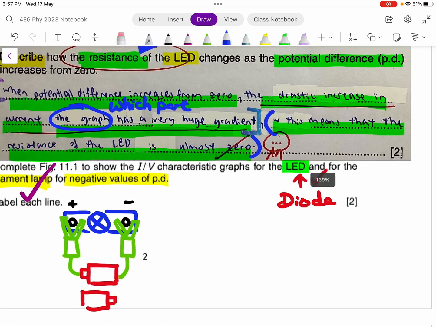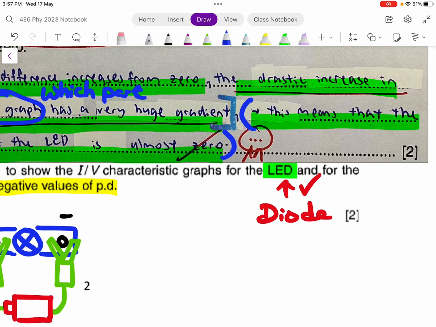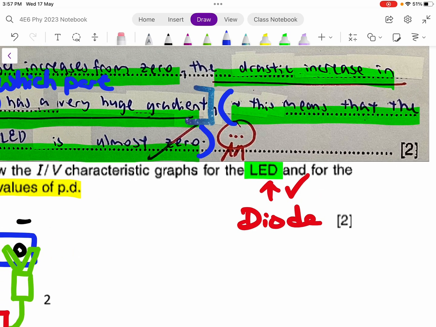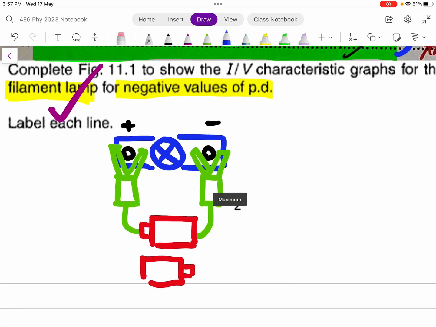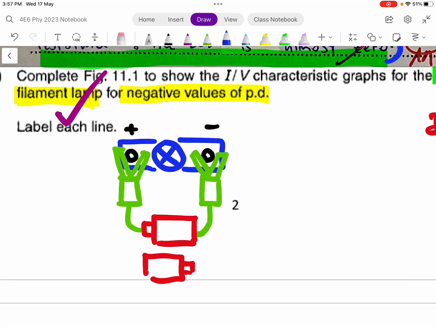Well, number one is you need to know what a diode is. If you don't know what a diode is, then you will not be able to get the diode part correct. But can you get the part on the filament lamp correct? Can, if you practice a bit of reverse psychology. You ask yourself, in the experiment, a light bulb doesn't matter whether my battery is left or right, correct or not?